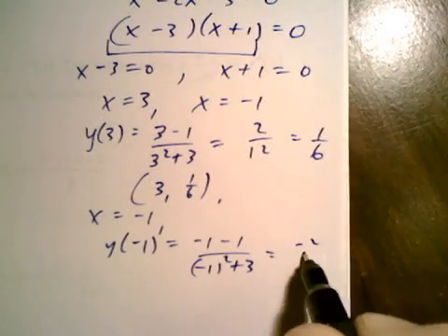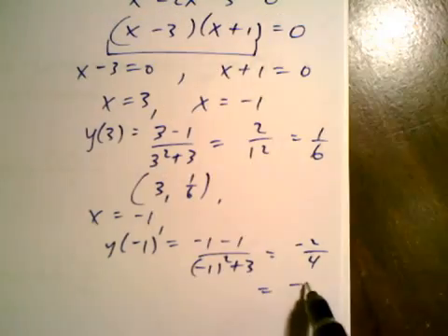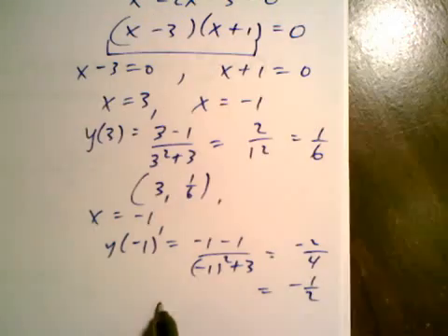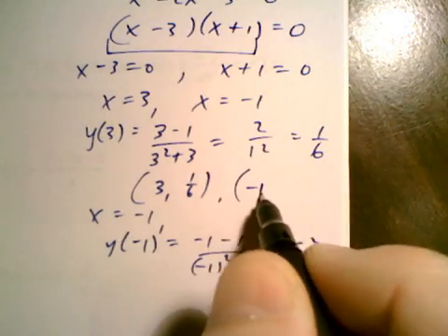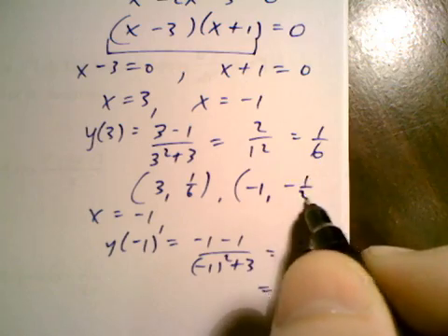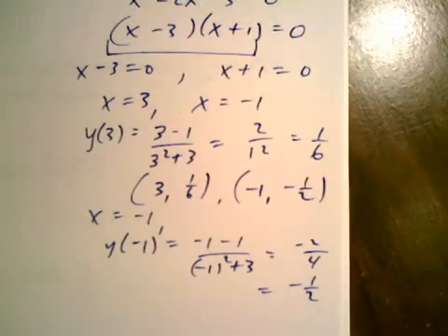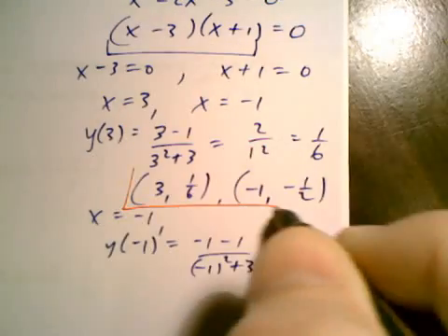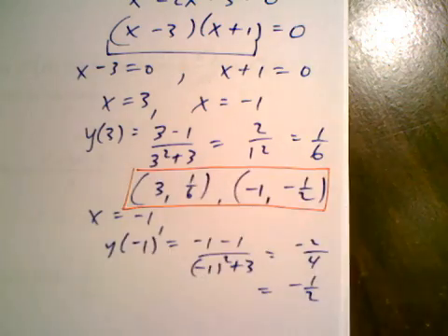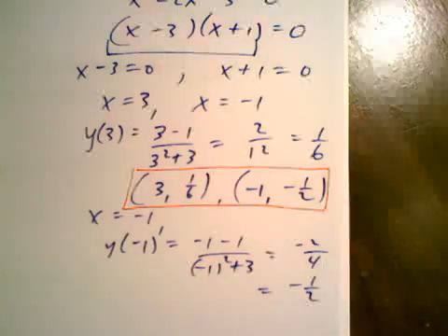That is negative 2 over 4, so negative 1/2. So we also have the point negative 1, negative 1/2. And those are the points at which the tangent line to this graph is horizontal.